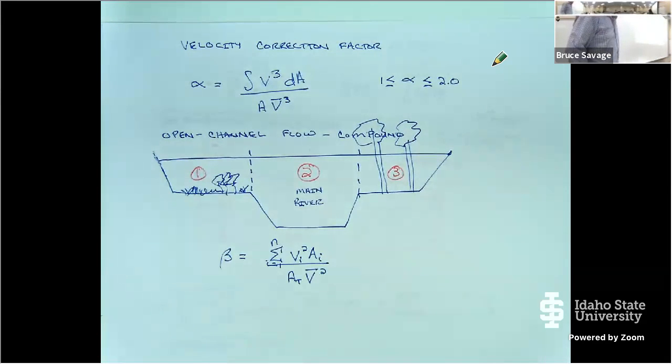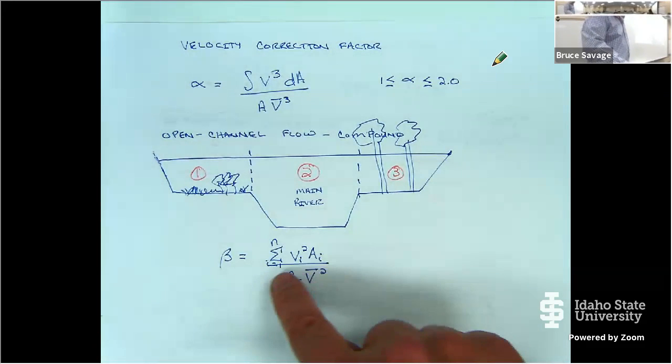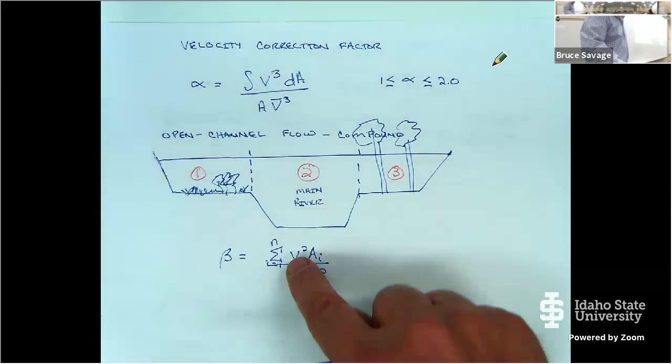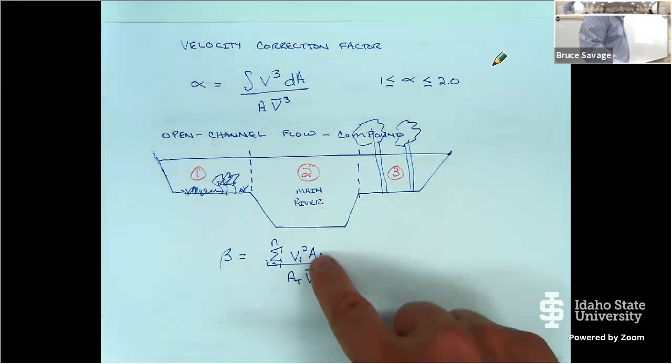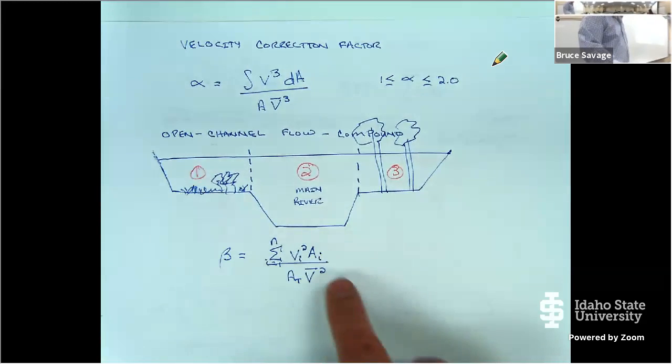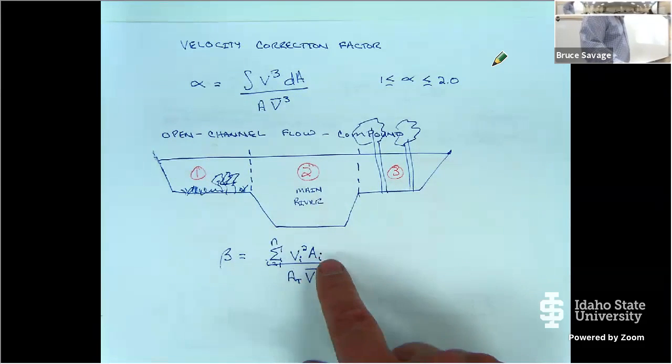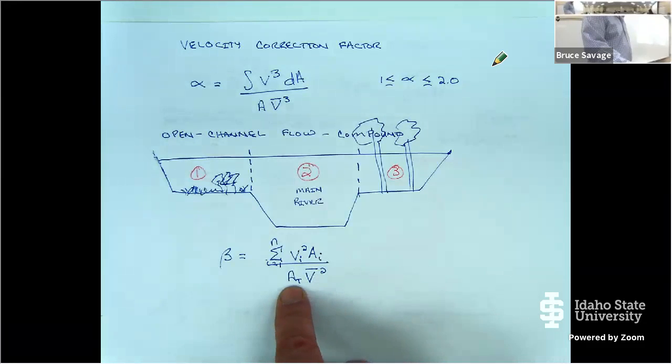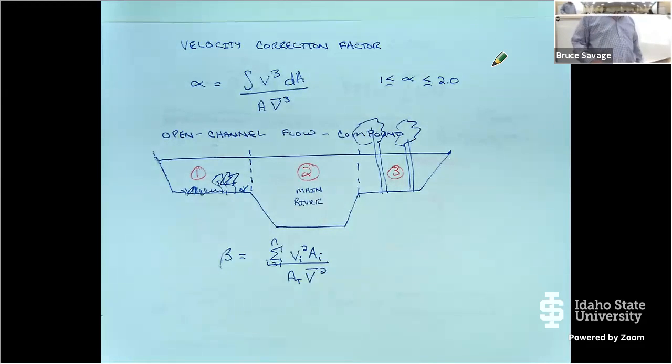So beta is equal to the summation from i equals 1 up to n of v sub i squared times A sub i. I'm going to take the velocity in area 1, square it, multiply it by the area in 1. After I've done that summation, I'm going to get the total area by adding up all the areas. And I'm also going to get the average velocity by taking the 3 velocities and averaging those, squaring the average. Then when I divide that through, now I have beta.